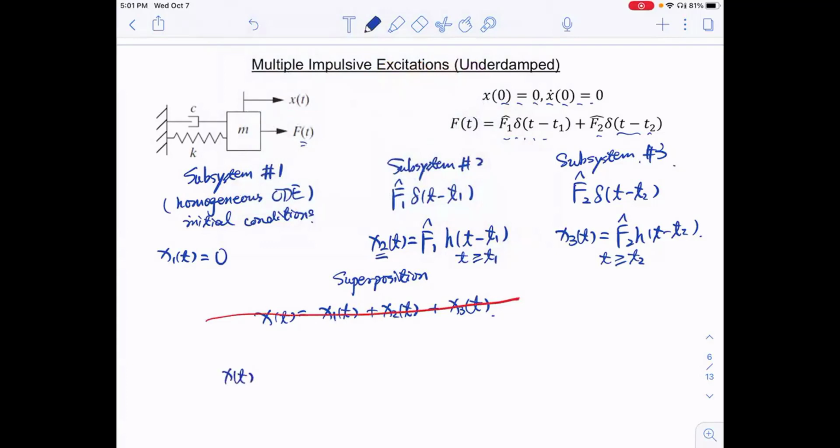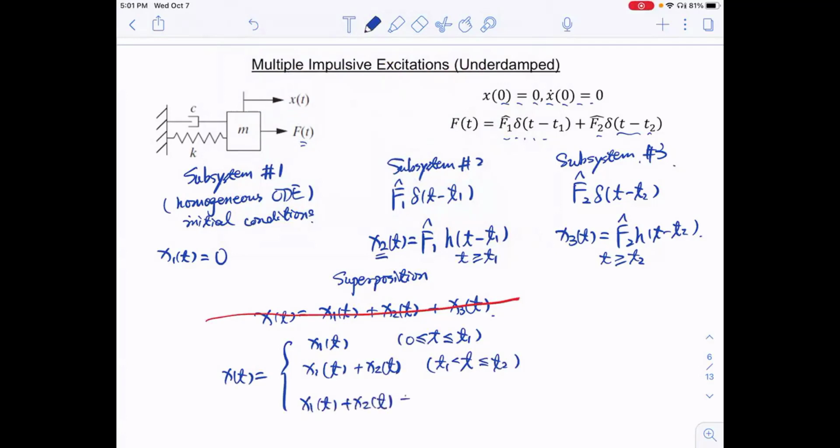So your equation will be x1(t) when t is greater than 0 and smaller than t1, x1(t) plus x2(t) in the next time window, and then all these three together. So that should be the final solution.